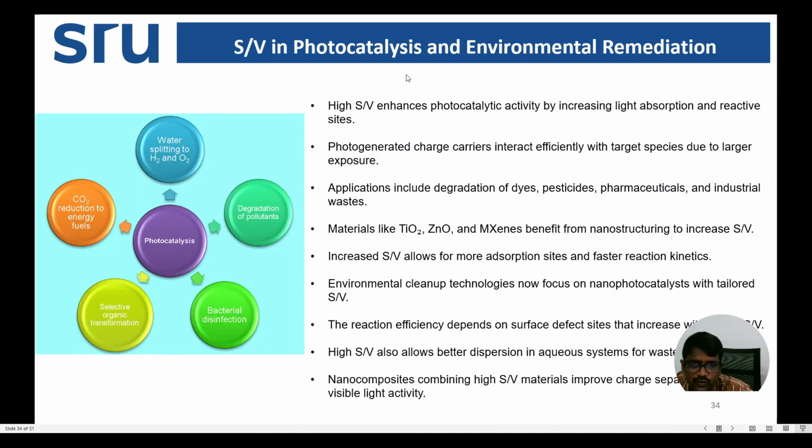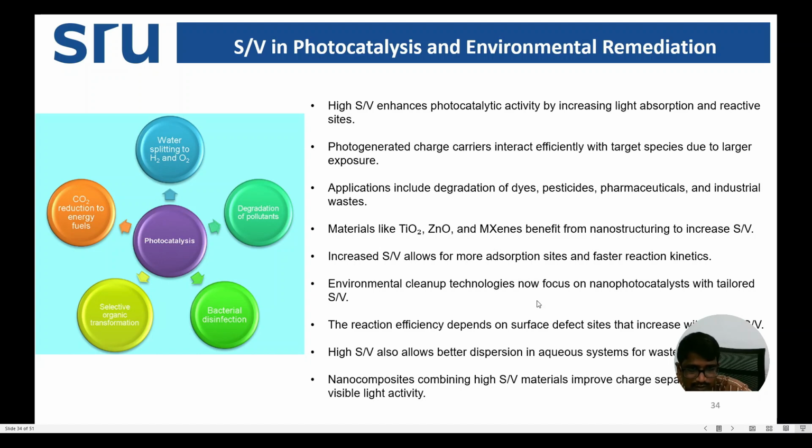And also in photocatalysis, to treat air pollutants and water pollutants, like textile dyes, textile waste, and also pharmaceutical waste. These wastes make water with heavy pollutants, very dangerous pollutants.